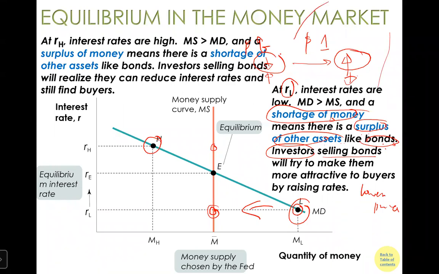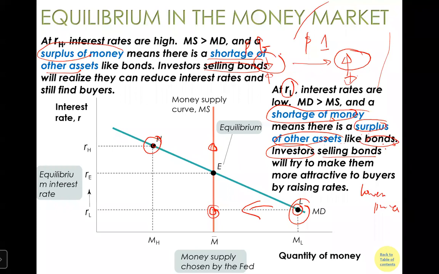We have a surplus of money, because this is money supply and this is money demand. There's a shortage of assets, so people are going to go after bonds, and the investors who sell bonds realize they can sell at a higher price because people have more money than the assets on the market.